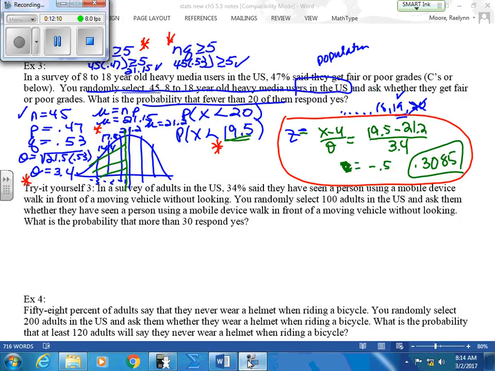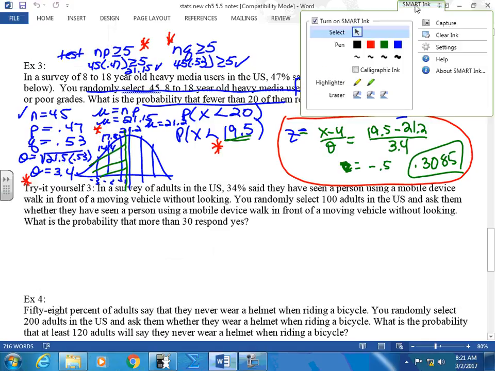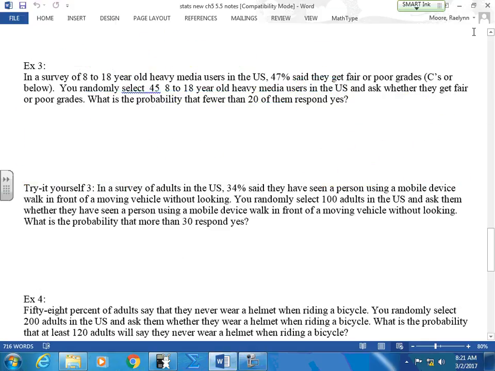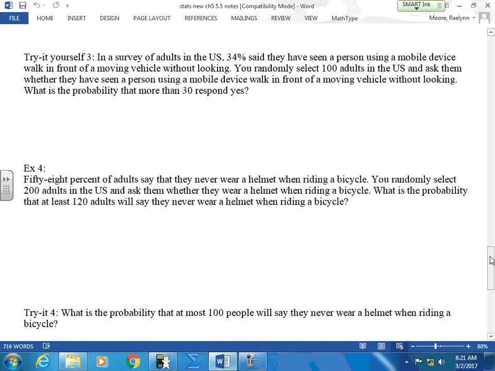Okay, so let's talk a second. Within 100, they're doing this 100 times. What's p?